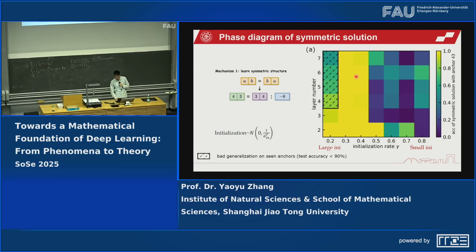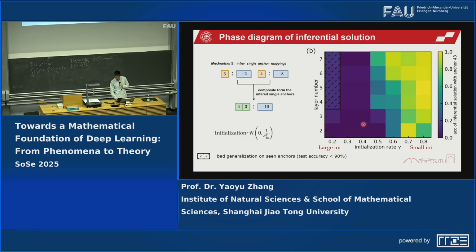And in this regime, a little bit less than 0.5, you can see it's highly correct, aligned with -6 because you use -6 as the correct answer. However, if you use -10 as the correct answer, then that's the regime with smaller initialization, and you see it is very close to 1 accurate.